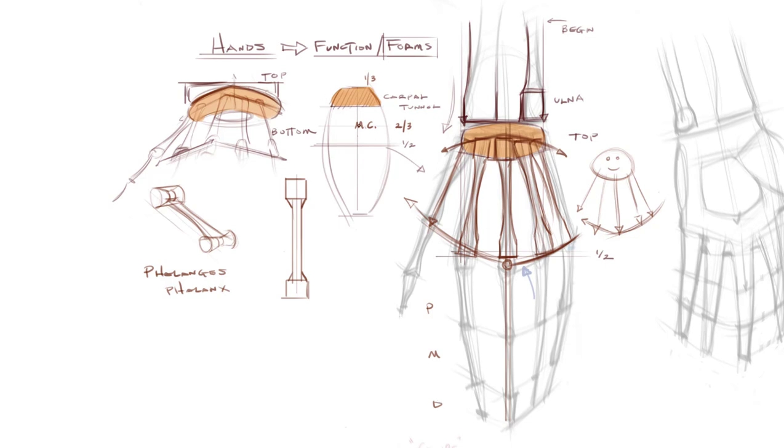So here's where I think people also struggle with the hand, especially when it's foreshortened. In this top-down view, wrist to knuckle should be equal to knuckle to finger tip. So this is your halfway point. It's an important moment of division.